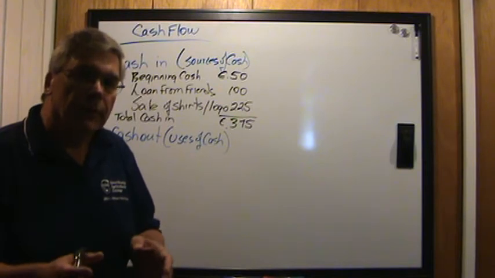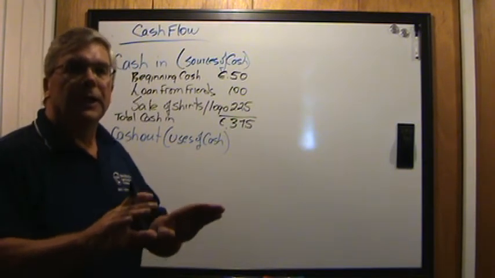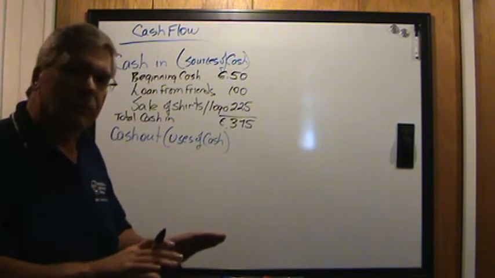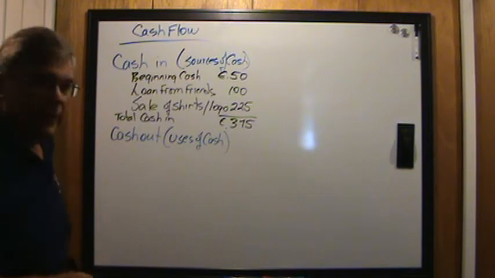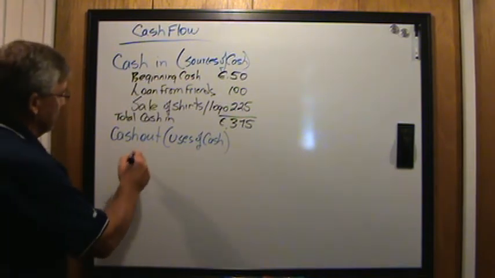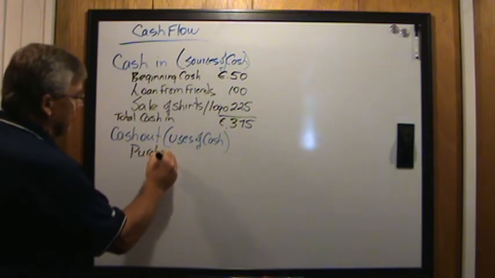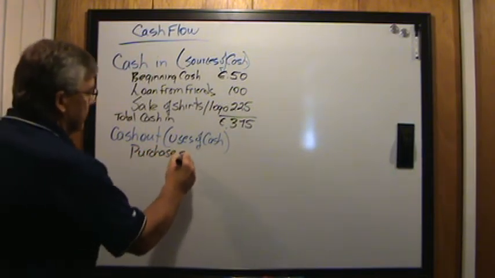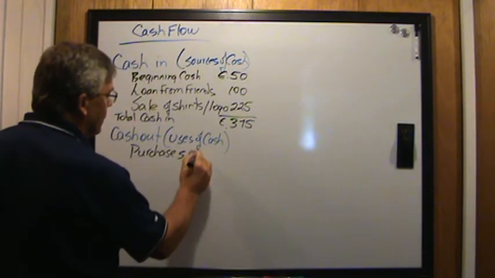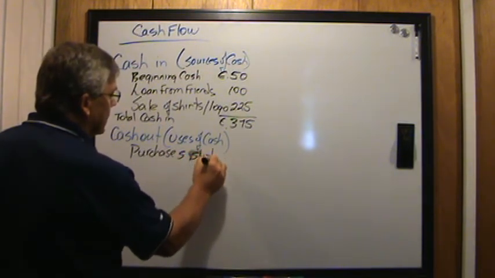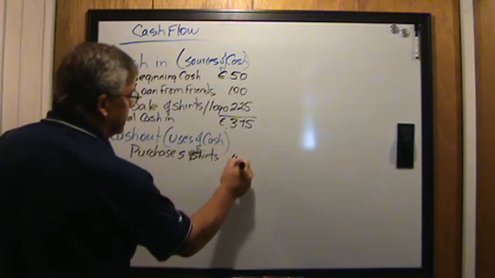So there's a number of things that we need to consider, but in this simple 2-day exercise, there's not very much going on. So cash out, what did they use the cash for? They bought shirts. Normally we refer to that as purchases. Purchases of shirts was 100 euros.